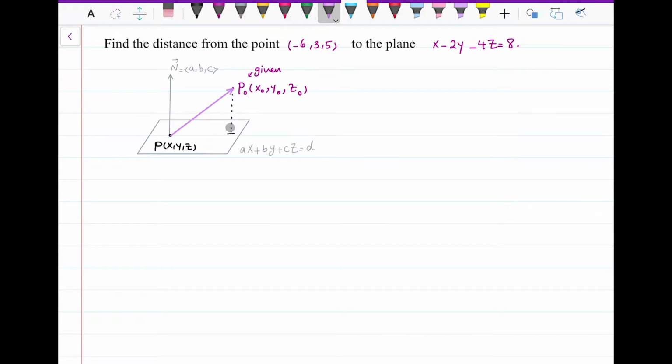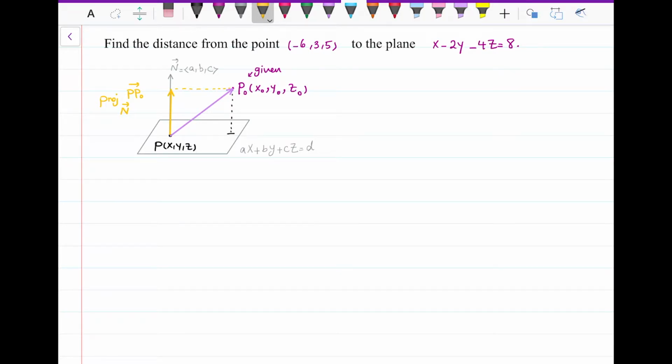This distance is the length of the projection of the vector PP0 over n, which is this vector.